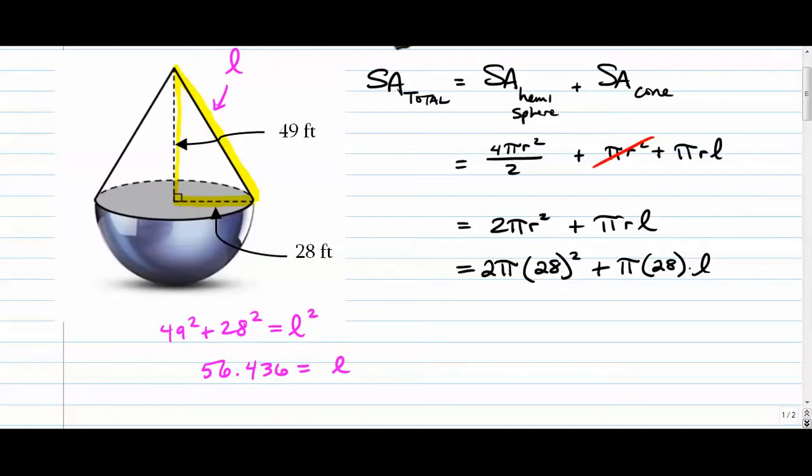That goes over here. If you type everything into your calculator now, you get a total surface area of about 9890.37 square feet.